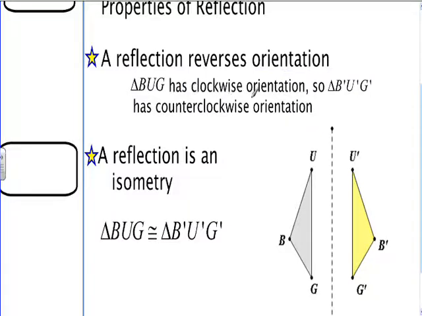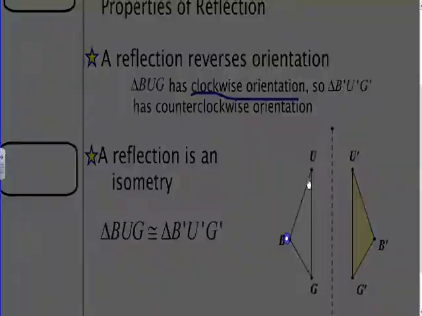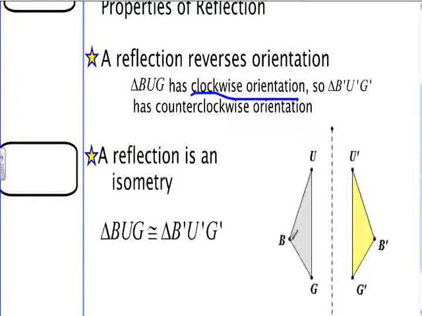If triangle BUG has a clockwise orientation, in other words, if I start at B, I go in a clockwise direction to get to the other points: B, then U, then G. But if I flip it, if I create a reflection, now that orientation is going to be counterclockwise.